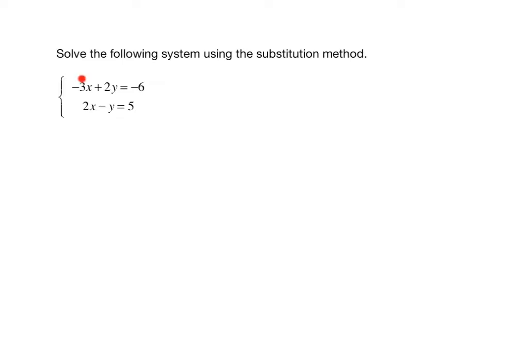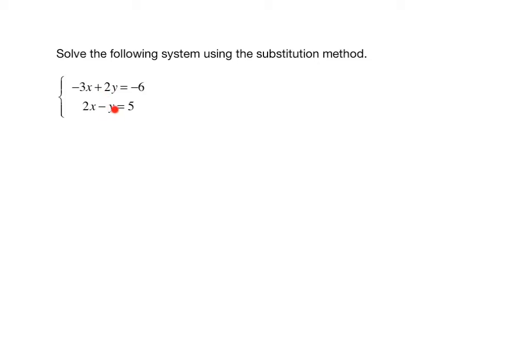So the coefficient of this x is -3, the coefficient of this y is 2, the coefficient of this x is 2, and the coefficient of this y, if you were to rewrite this as addition, would be -1. In general, I don't want to create fractions. So if I can find a variable with a coefficient of 1 or -1, that's the best one to isolate, because then you won't have an expression with fractions in it.